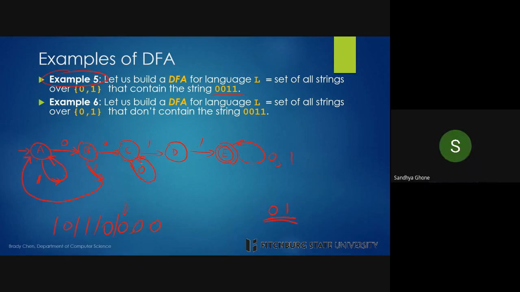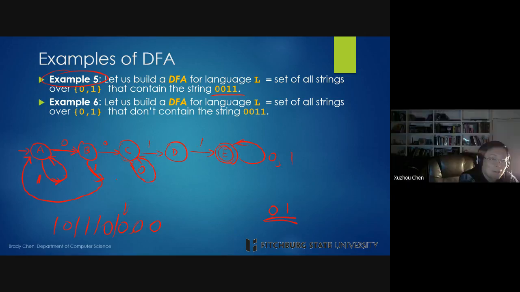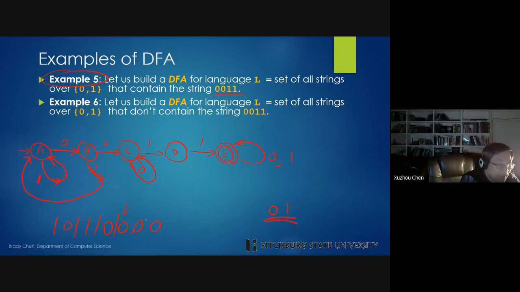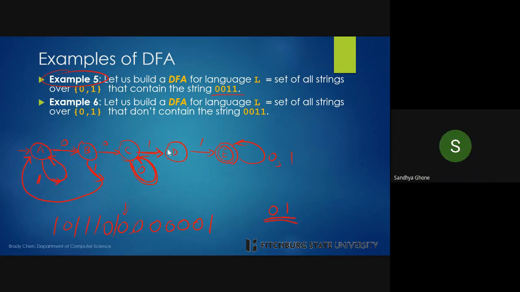Stays in C, right? Is that right? Yes. It stays in C, because it doesn't matter how many times, if I continue to get a 0, I got more zeros. But once I got a 1, I can go to D, right? Yes.